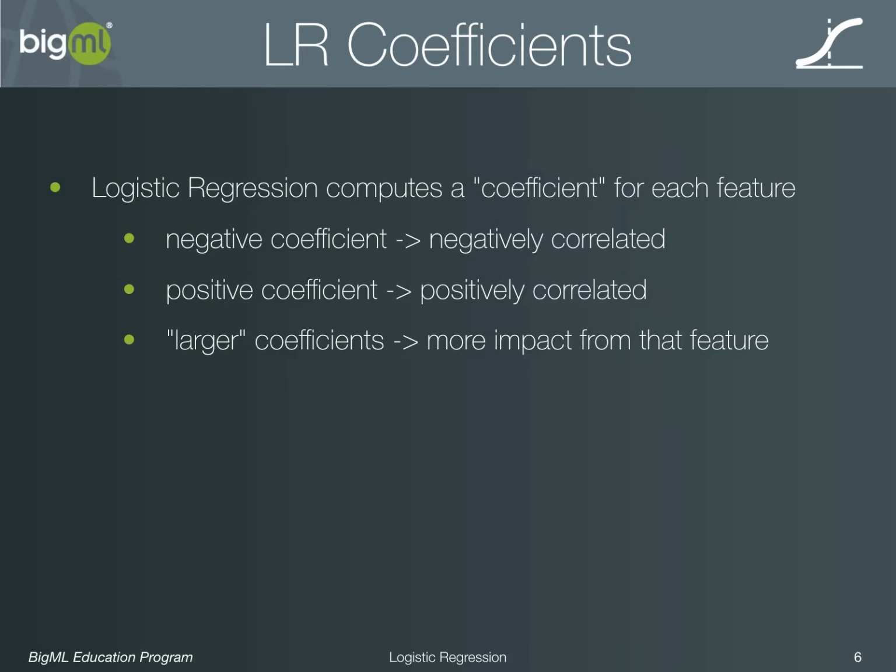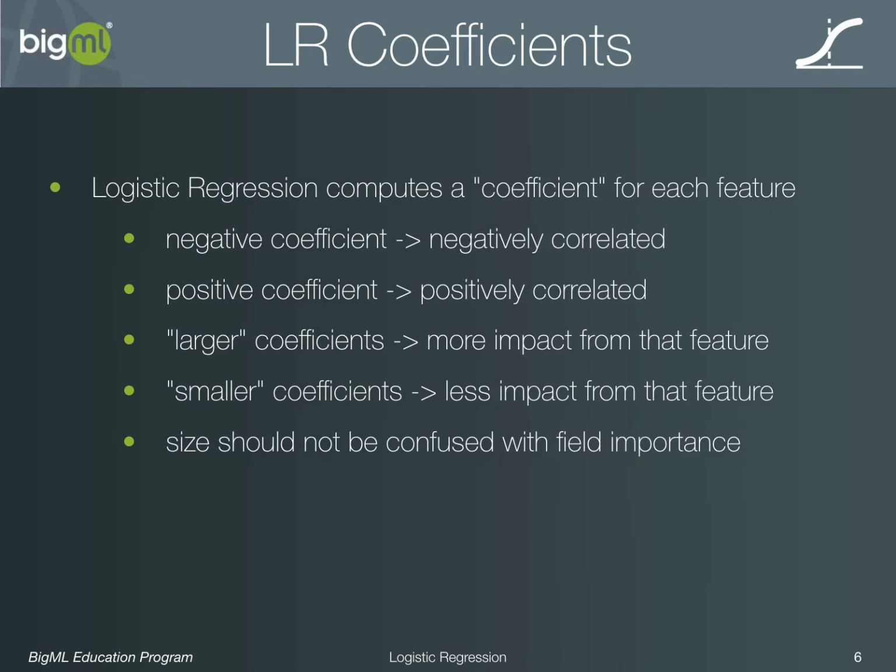Also, a larger coefficient indicates that the specific feature has more relative impact on the outcome, and a smaller coefficient has relatively less impact. This is not strictly the same as feature importance that we see in decision tree models, but does give a quick indication of the relative importance of the features.